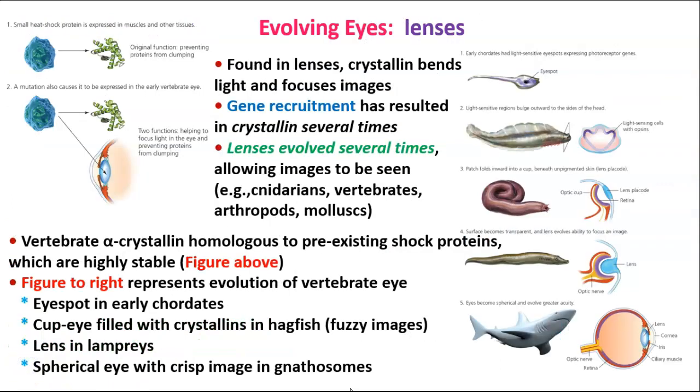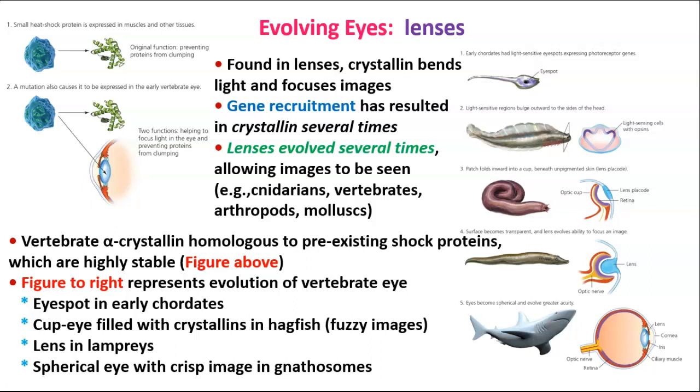So still on the subject of eyes, the origin and evolution of eyes, let's focus on lenses. There's a protein that's found in the lenses of eyes, and this protein is called crystallin. And it's a remarkable protein. It's a very tough, durable protein, and it's essentially transparent. Light can pass through it.